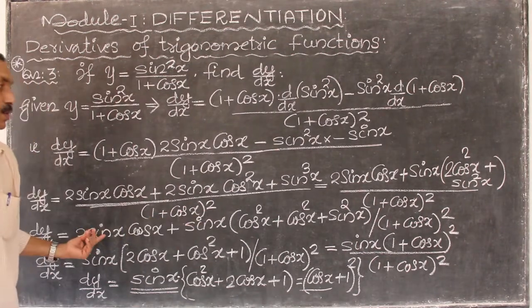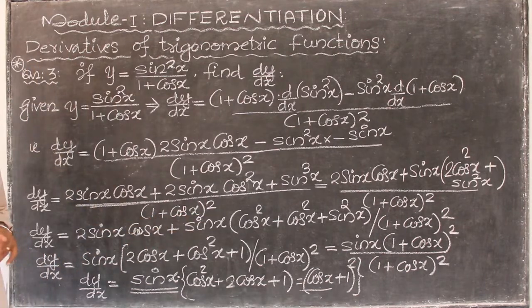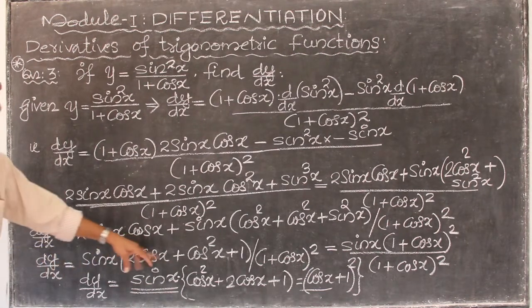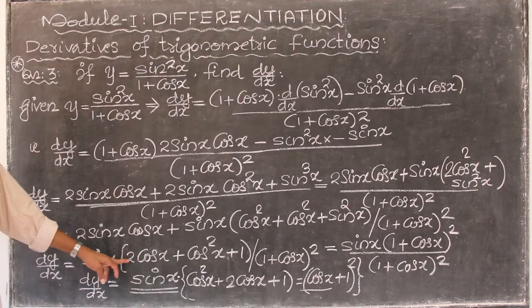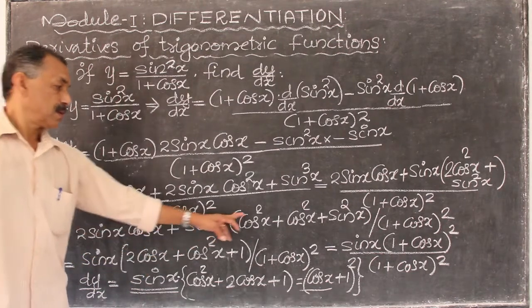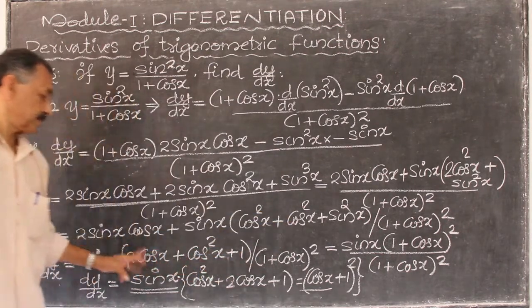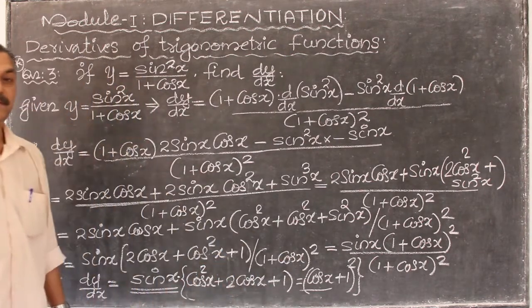Taking sin x outside, what do we get? Sin x into 2 cos x plus cos square x plus 1, divided by 1 plus cos x whole square.